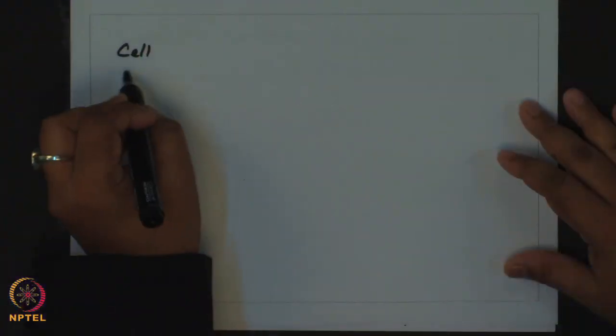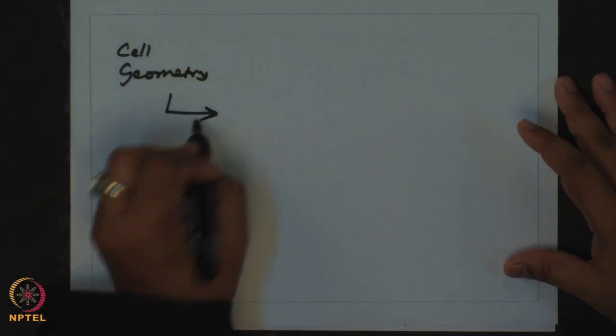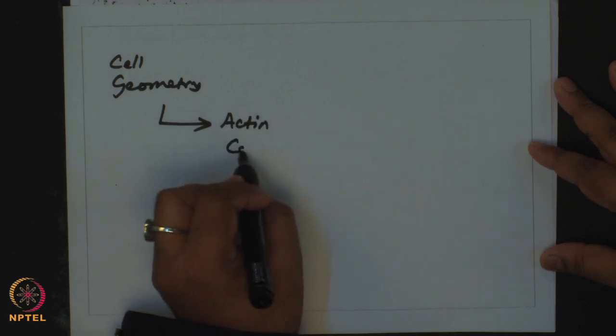So, based on this, they suggested a pathway in which any cell geometry that you regulate will influence the actin cytoskeleton.